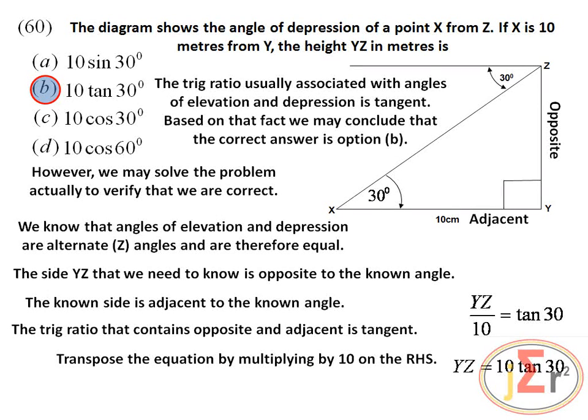So it is not good to make the assumption that because one thing always follows another, that one is the cause of the other. It is not good to assume that because we always use tangent in an angle of elevation and depression problem, that every single one of them must make use of the tangent trig ratio.